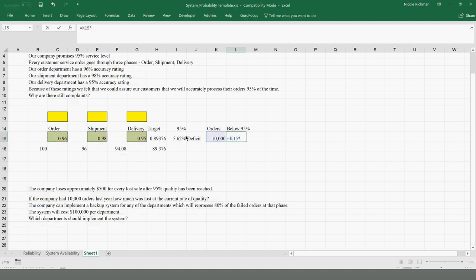So we're going to multiply that by our deficit. And we had 562 orders roughly that did not meet that 95% expectation.